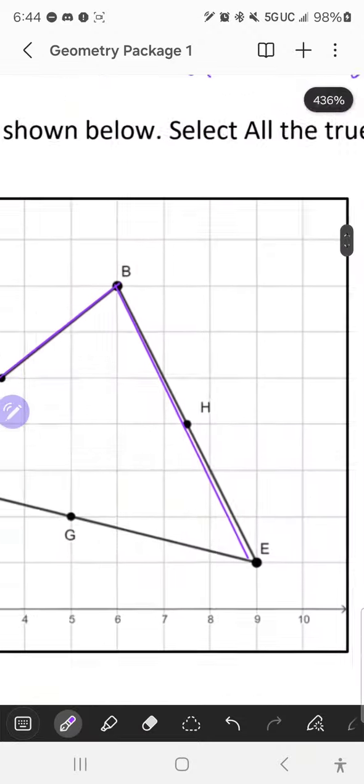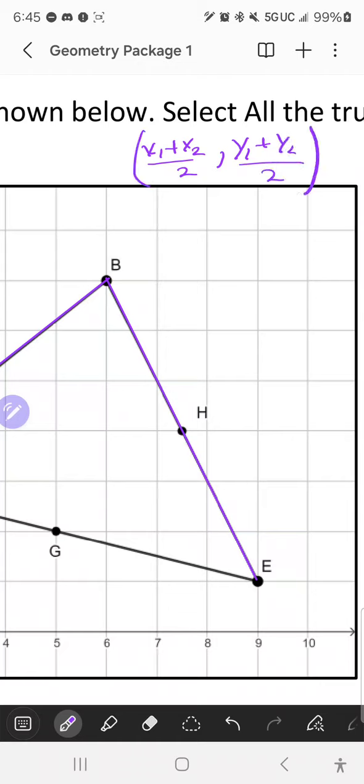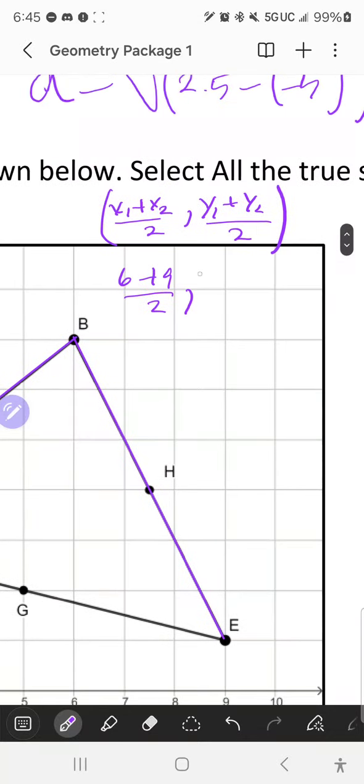I'm going to calculate it right here for BE. I have x1 plus x2 divided by 2, comma, y1 plus y2 divided by 2. This is the formula for the midpoint. Now for BE, it is 6 plus 9 divided by 2, comma, 7 plus 1 divided by 2.